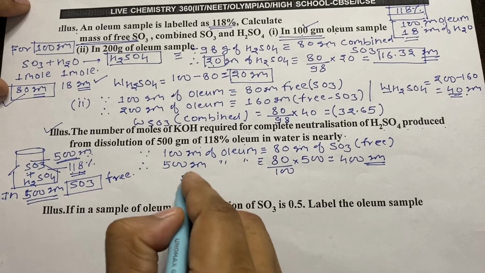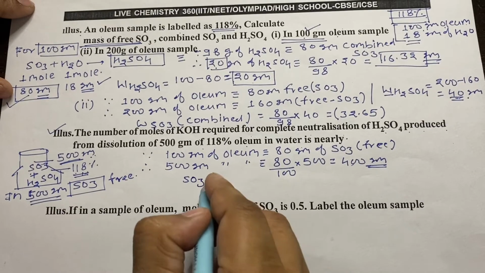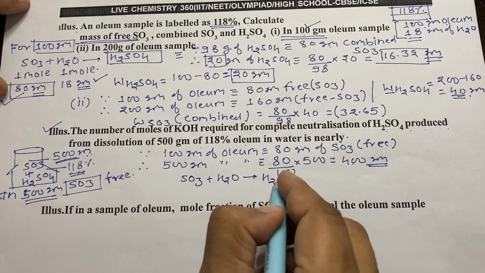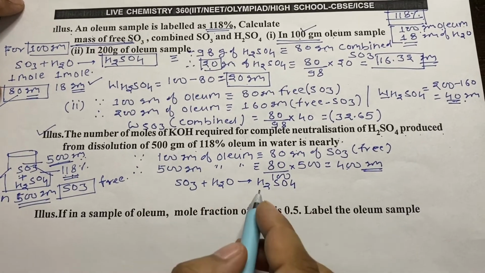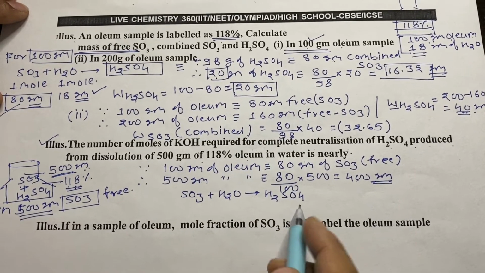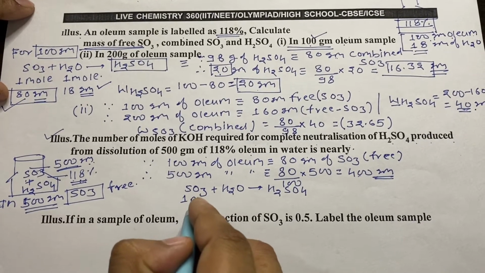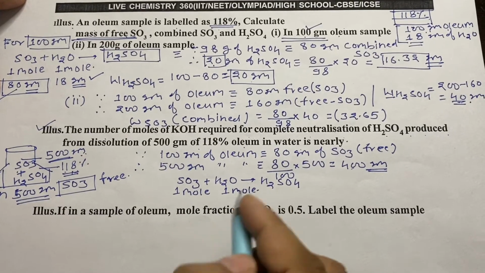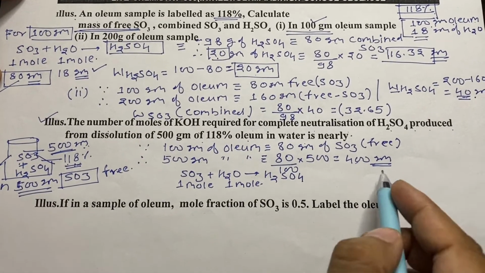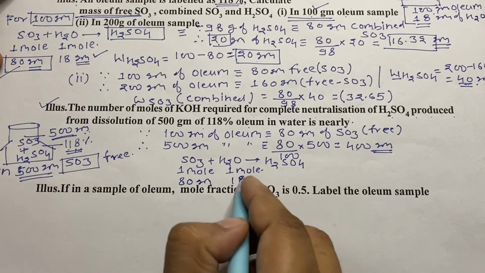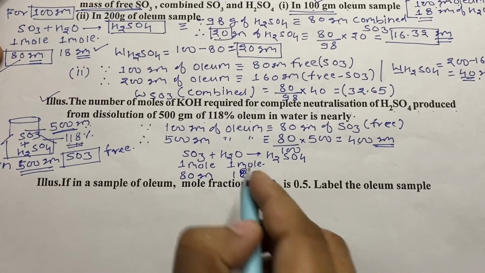Now we can calculate the moles of H2SO4 by using this equation: SO3 plus H2O will give H2SO4. So SO3 is 1 mole, H2O is 1 mole. So it is 80 gram, it is 18 gram, right?